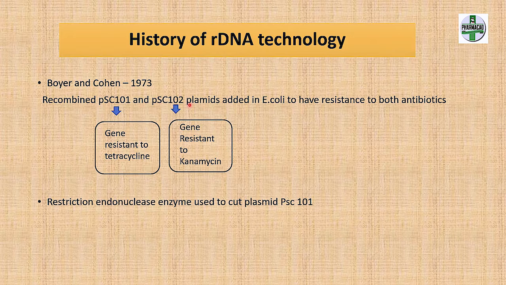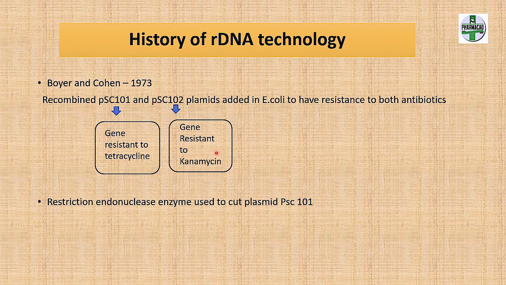It was seen that the pSC101 plasmid had a gene that made it resistant to tetracycline, which means that if tetracycline is added, the bacteria, for example E. coli, won't die. Its survival chance will increase because it has a gene which is resistant to tetracycline. Similarly, the other plasmid had a gene which is resistant to kanamycin.